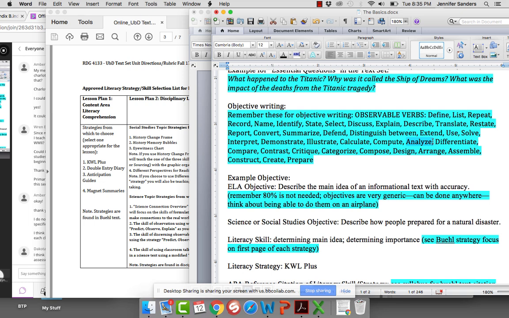To critique the author's tone. And so there's analyze and there's critique. I don't want to see any of the understand because you can't see understanding. But you can see if a student can analyze and you can see if a student can critique. Does it make sense there?